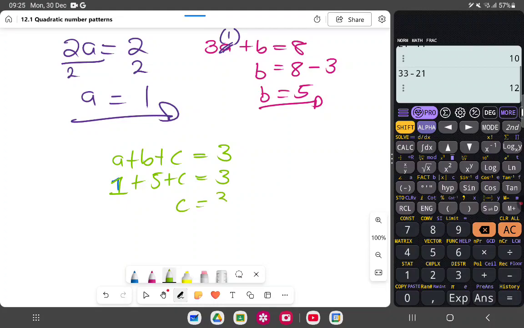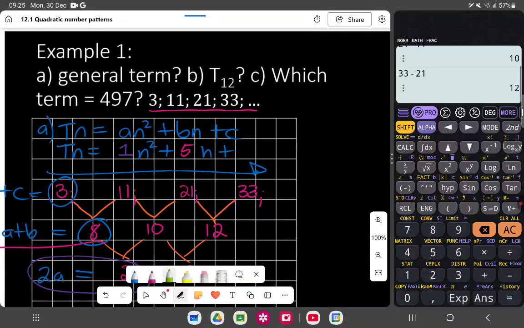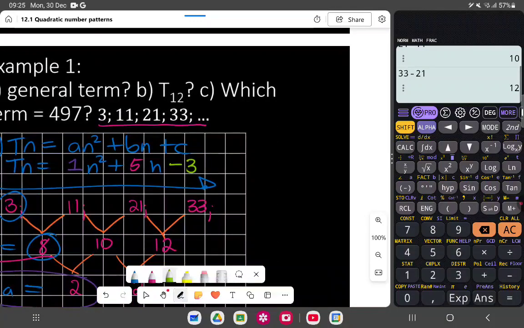So C is equal to 3 minus those two, which makes 6. So C is equal to negative 3. Back to my answer. Instead of plus C, I'm going to say minus 3. The answer to the general term here is n squared plus 5n minus 3.